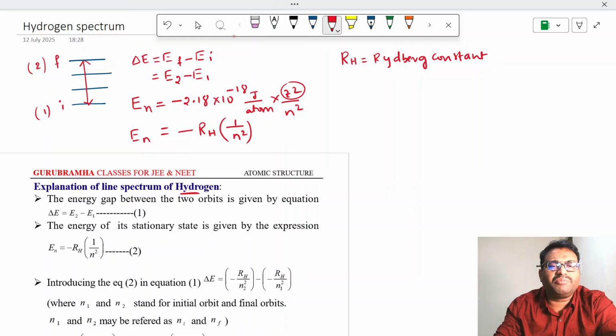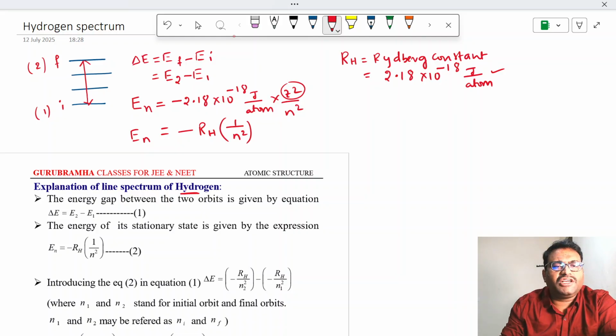Here, the Rydberg constant is expressed in energy, joule per atom. So what is RH here? It is equal to 2.18 into 10 power minus 18 joule per atom. So this is also the Rydberg constant, but expressed in energy, in joules per atom.